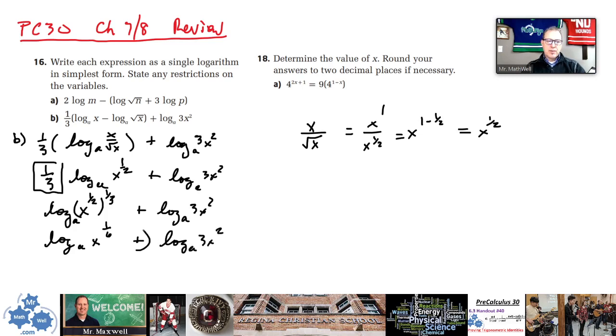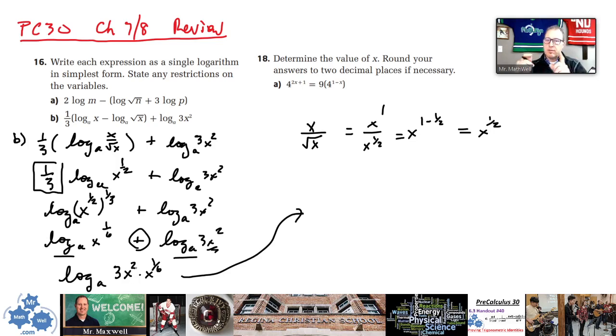And now, because we have a sum of logs, that rule says that we can write this as a single logarithm where this is multiplied with this right here. So I have 3x squared times x to the 1/6. And when you multiply terms and they have variables with the same base, you can simply add their exponents.